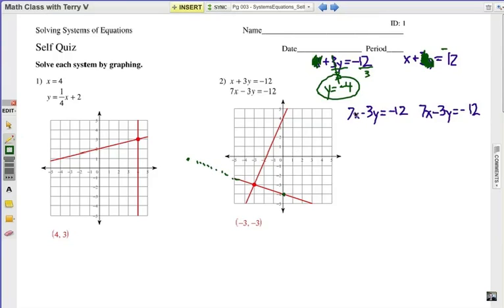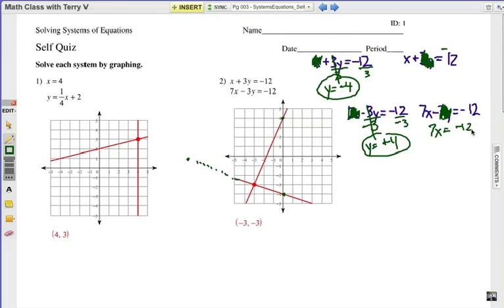All right, on the second equation, I'm going to cover up my x term and have a y-intercept. So I can divide each side by -3, and then y would be a positive 4. Okay, positive 4 y-intercept. So there it is right there. And if I cover up my y term, that means I'm looking for the x-intercept. Okay, so 7x equals -12.